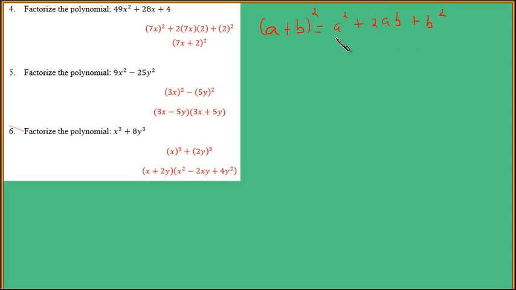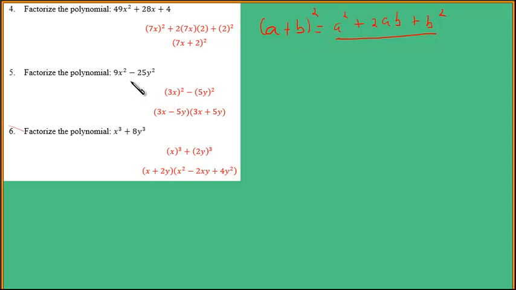So notice, when we have a perfect square, this first term is a perfect square, this last term is a perfect square, and this is 2 times whatever is squared here times whatever is squared here. And so that makes this a perfect square trinomial, and we can simplify it simply as what? The square of a binomial. So what we need to identify is the a. So here the a is like the 7x, and the b is the 2. So it becomes 7x plus 2.